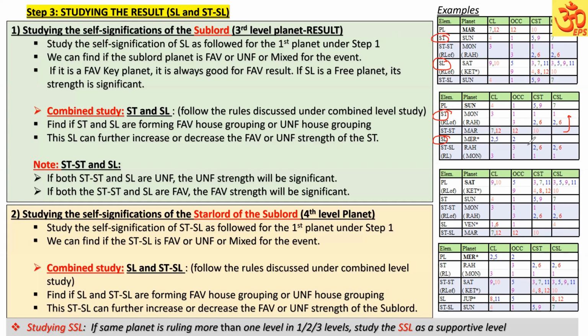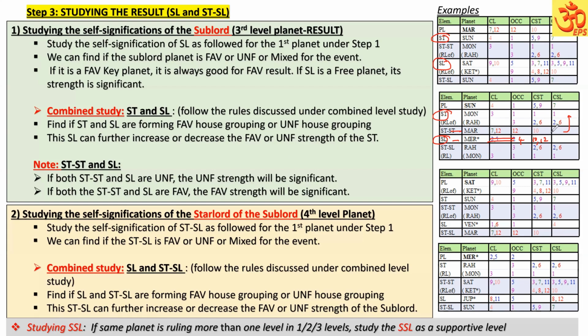Suppose the Sub Lord is also unfavorable, not supportive. What will happen? The Star Lord of the Star Lord and the Sub Lord will both be unfavorable. In this case, the Star Lord is favorable only, for example having the 4th house, 10th house, 12th house in its self-significations, but the Star Lord of the Star Lord is also unfavorable, and the Sub Lord is also unfavorable.